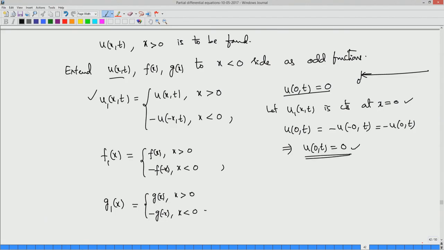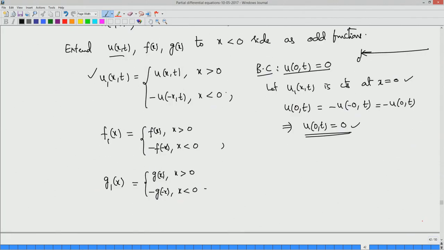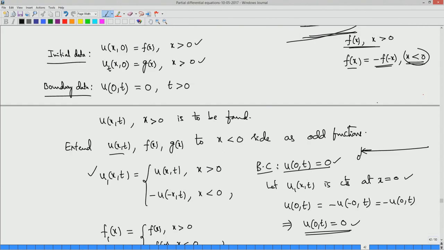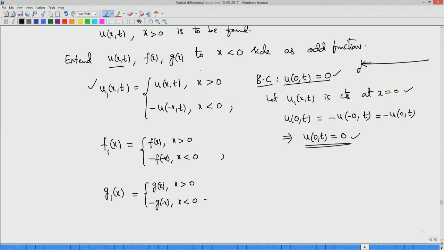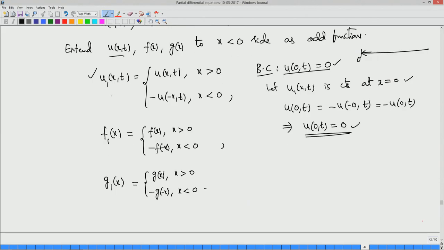This is naturally satisfied already. This is the boundary condition that is given. So, this is naturally satisfied if you do this. The boundary condition is already satisfied if you choose this extension, this odd extension of your unknown function. And you see that u, for x positive, satisfies the wave equation.